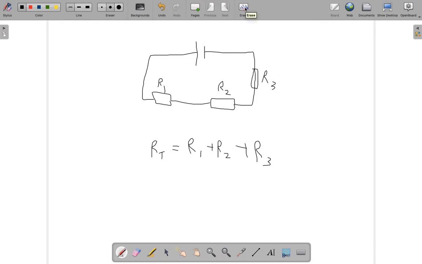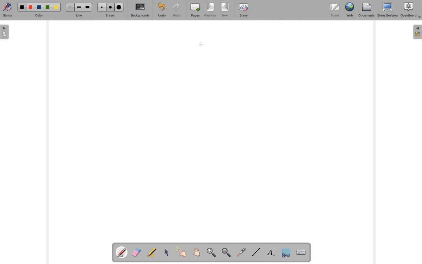Now let's look into the other one, which is a parallel circuit. Let's say now we have a resistor over here, and then it branches out over here, resulting in another resistor.